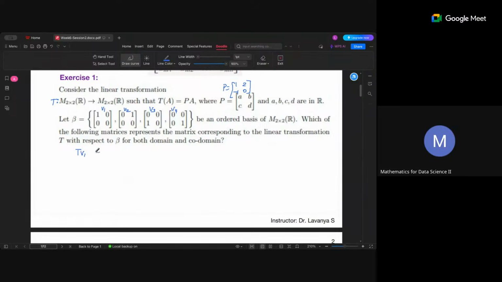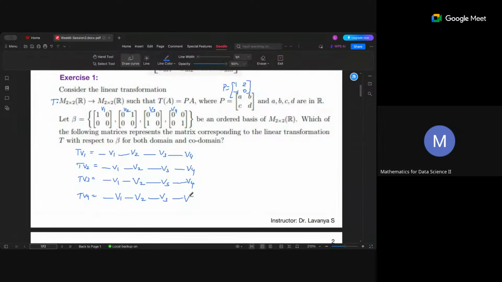We have to write TV1 as a linear combination of V1, V2, V3, and V4. Similarly TV2, TV3 and TV4 as linear combinations of V1, V2, V3, and V4.